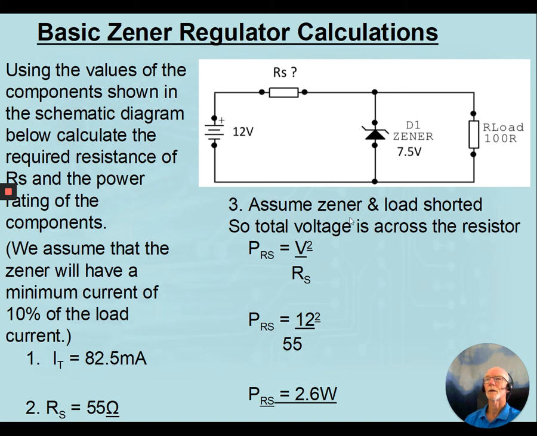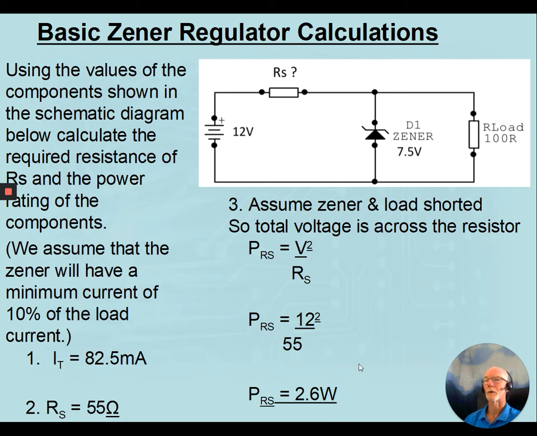And what we assume here is the worst case scenario: if the load gets shorted out, in other words, a direct short anywhere across this line to earth or to negative, the whole 12 volts is going to be across that resistor. This is the worst thing that could happen to that resistor. So we assume 12 volts across the resistor. It's valued at 55 ohms, 12 squared divided by 55, 2.6 watts.